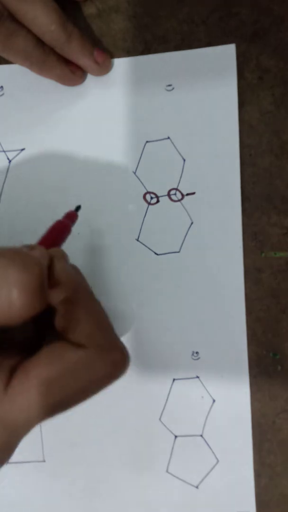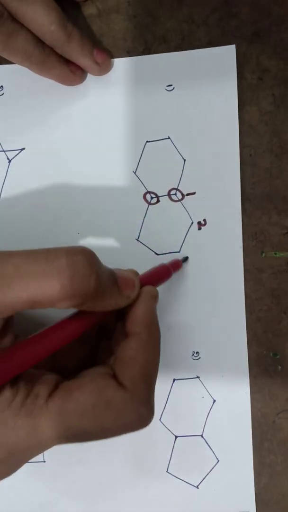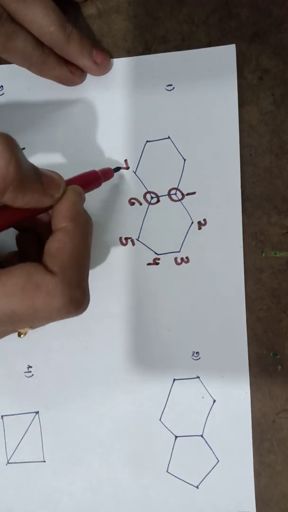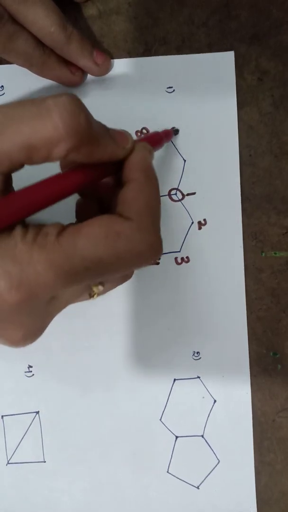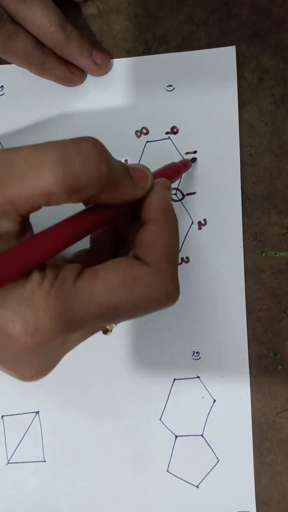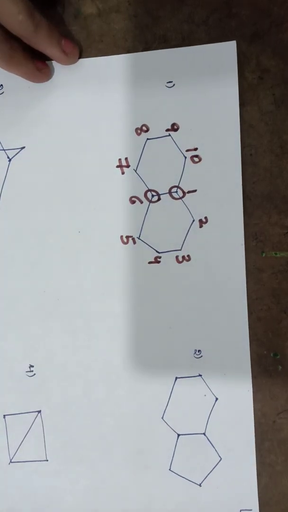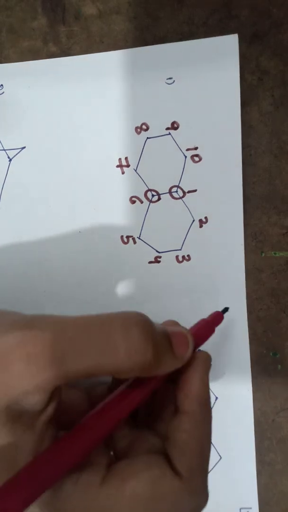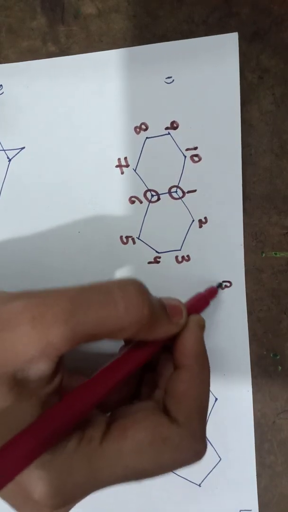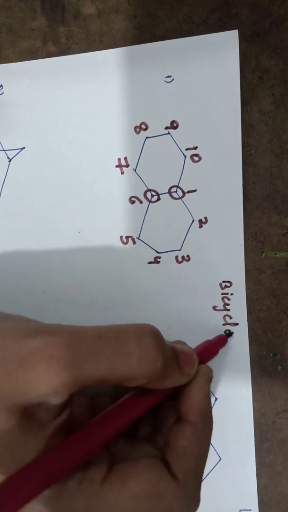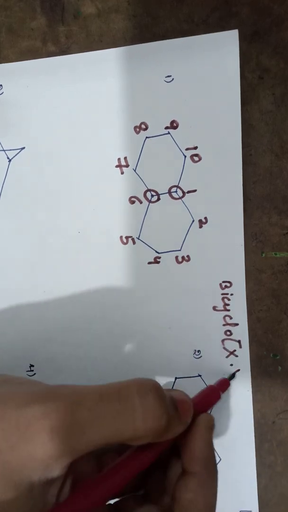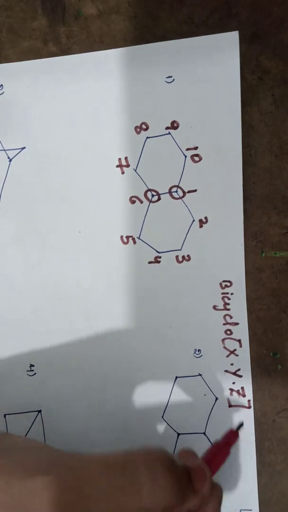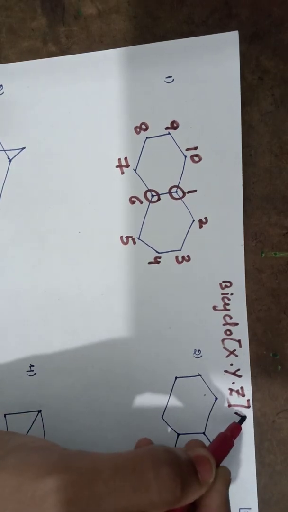I am taking it this way: 1, 2, 3, 4, 5, 6, 7, 8, 9 and 10. So what does the prefix have to be? Bicyclo, then X, Y, Z, and the suffix has to be the total number of carbon atoms.